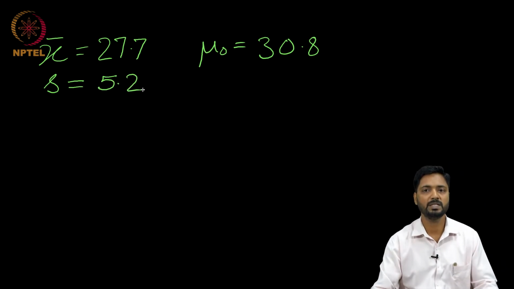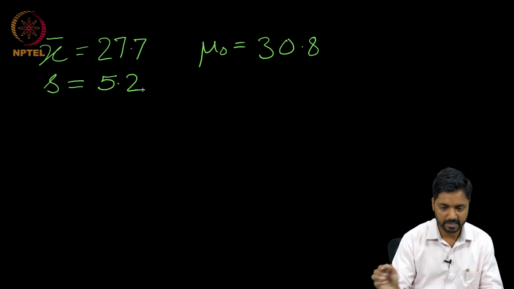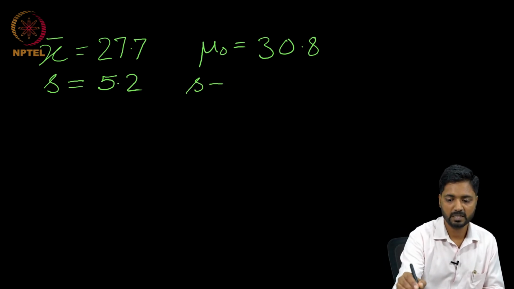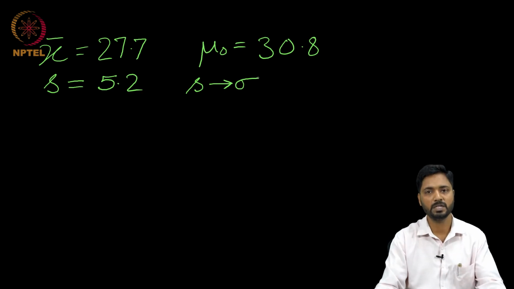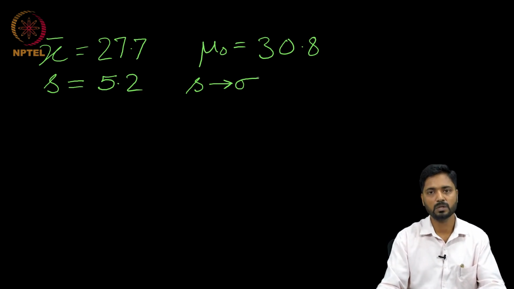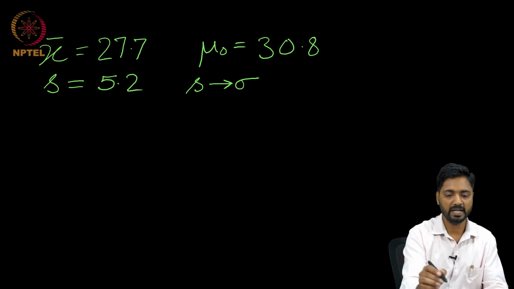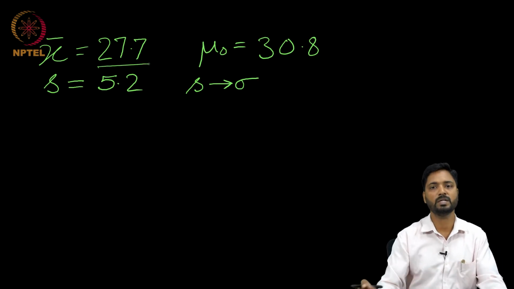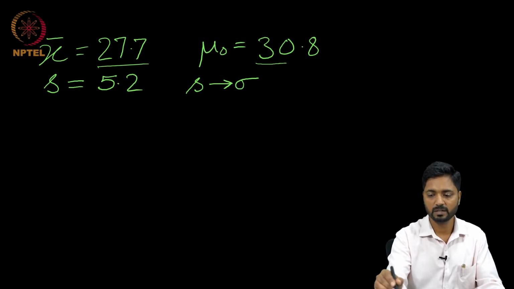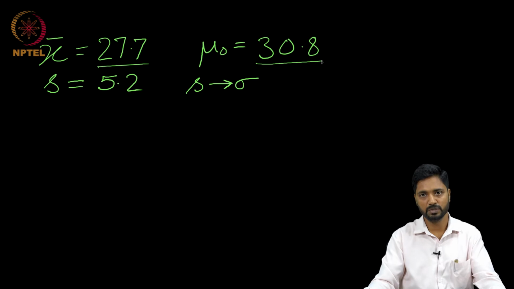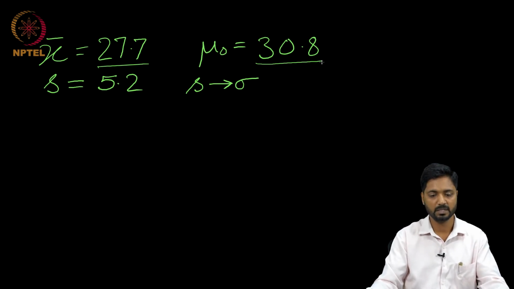With this data available and the presumption that S tends to sigma, it would be easy to figure out whether the x bar value of 27.7 is statistically different from the national average of 30.8 kilograms.